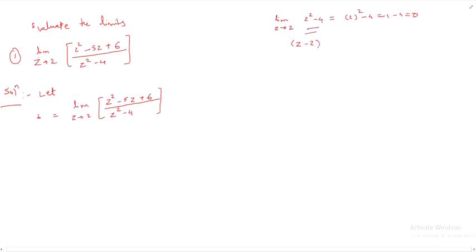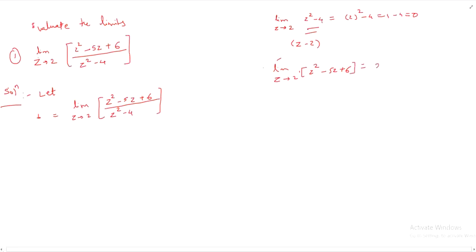This is a polynomial of z. What about the numerator? That is again limit z tends to 2, and the function z square minus 5z plus 6 is a polynomial of z having order 2.